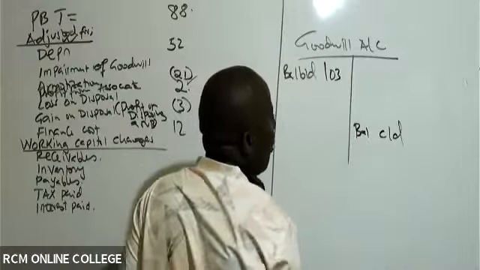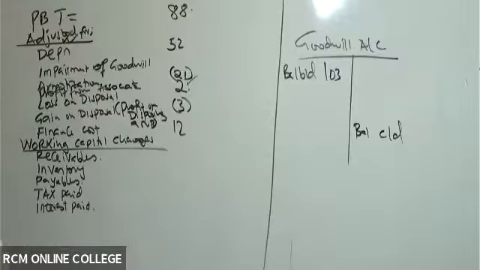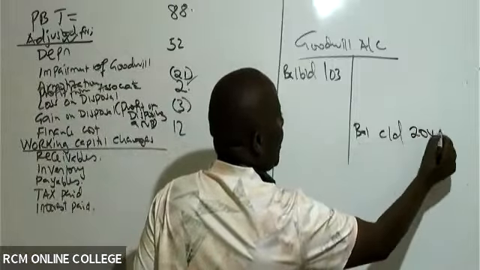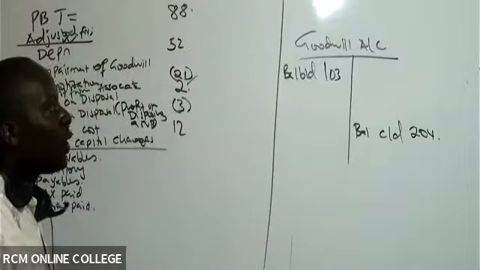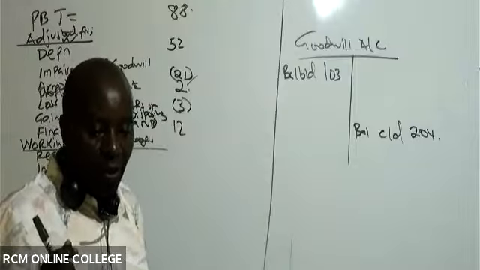How about balance carried down for 2022 now? So 103 versus what year? Versus 204. Ladies and gentlemen, then we ask ourselves, what will bring changes? Oh, it is 142.